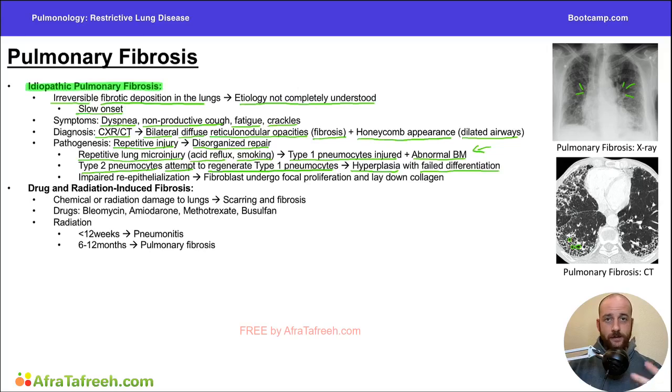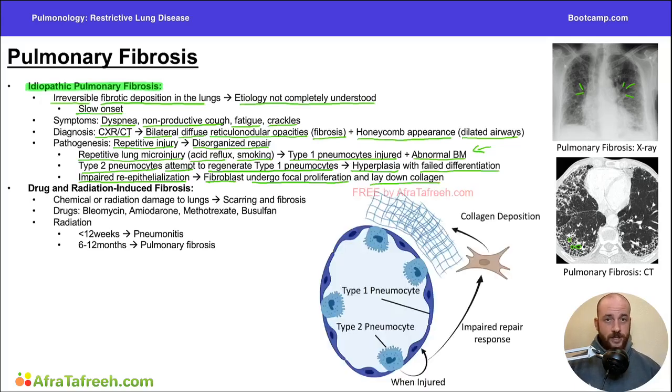And so because the type 2 pneumocytes are not regenerating the type 1 pneumocytes properly, we're going to have impaired reepithelialization of the alveoli. And this impaired reepithelialization is going to signal local fibroblasts to undergo focal proliferation and start to lay down collagen, which is the fibrotic deposition that we see in idiopathic pulmonary fibrosis.